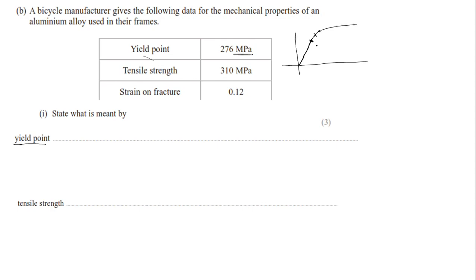Let's call it A, and after that you have the elastic limit, and then this is called the yield point C, after which you have a large extension for a small amount of force. So you can say that for a small amount of force like this, you have a large extension. That's how you define yield point.